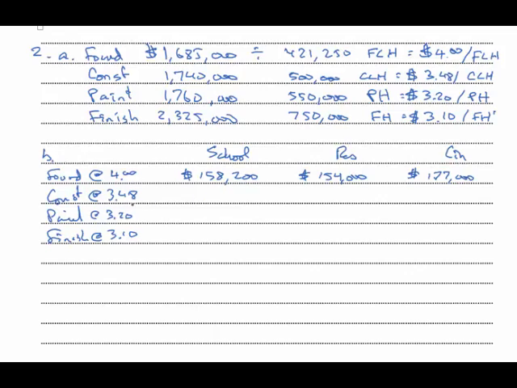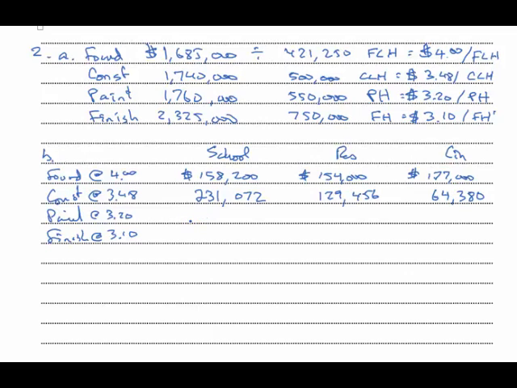Construction labor hours, $3.48 per hour times 66,400 for the school, 231,072. 3.48 times 37,200 for the residential, 129,456. And for the cinema, 18,500 labor hours times 3.48 is 64,380.